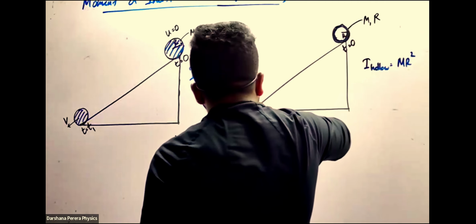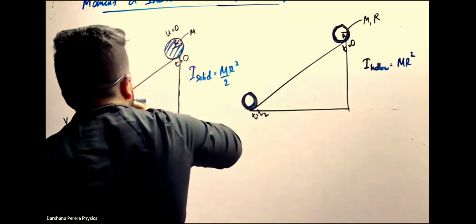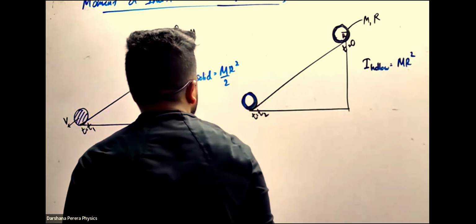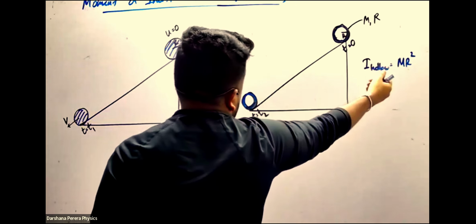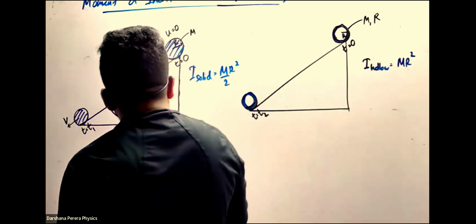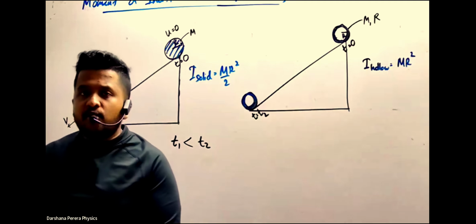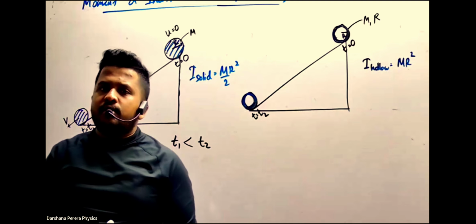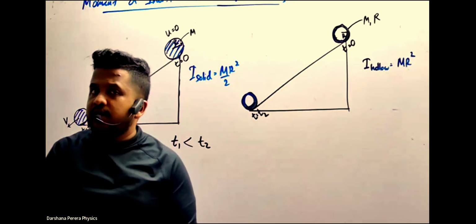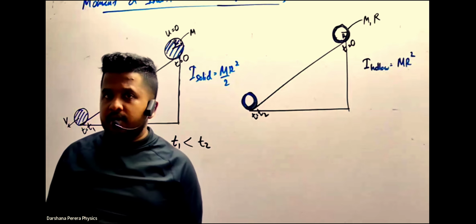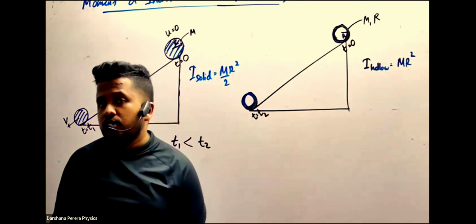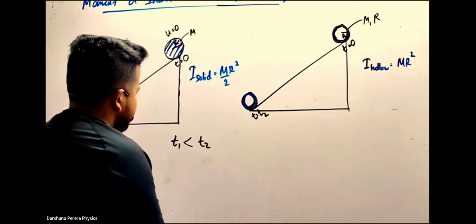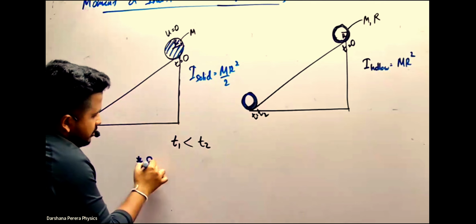Inertia means the resistance to motion. The resistance is higher in the hollow cylinder than in the solid cylinder. Therefore, it takes more time to reach the bottom, and the solid cylinder comes first. It is a very important thing.